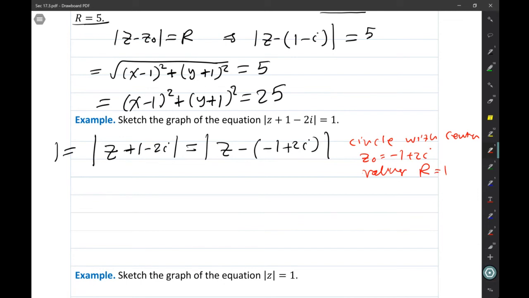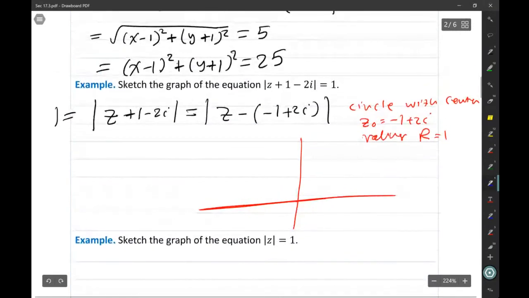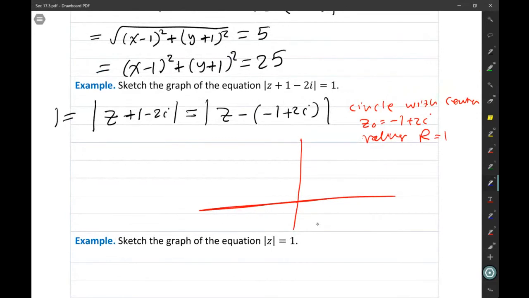So how can we sketch it? Very simple. Where is the complex number z naught equal minus 1 plus 2i? Minus 1, and 1, 2, 2i.